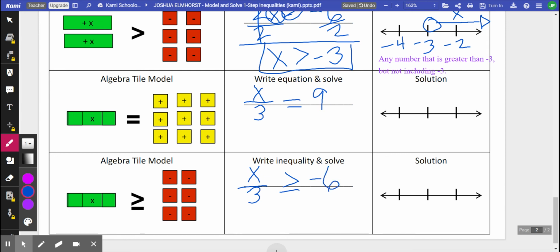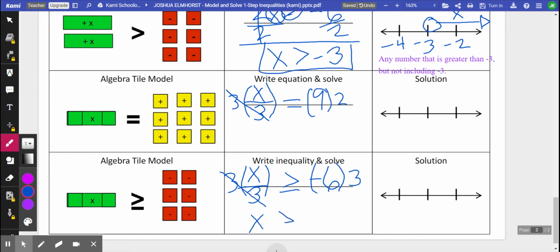Okay, so x is divided by 3, so the opposite of dividing by 3 is going to be multiplying by 3. And it looks like we're actually going to do that for both of these down here. So multiply, divide by 3 cancels. Multiply, divide by 3 cancels. So now you go down to the last step.